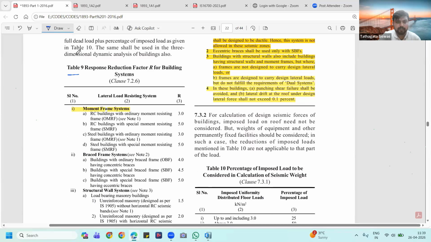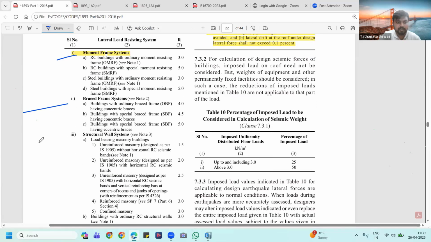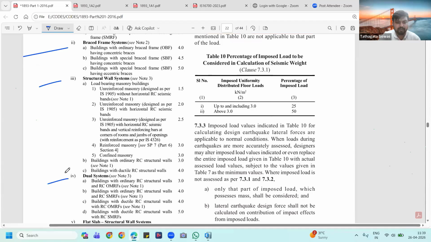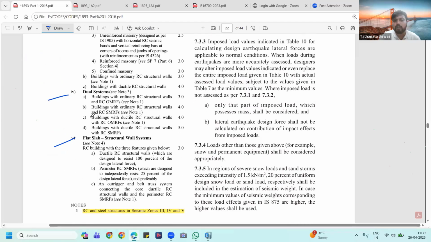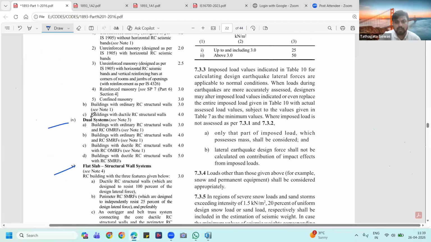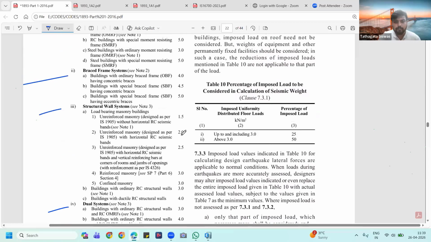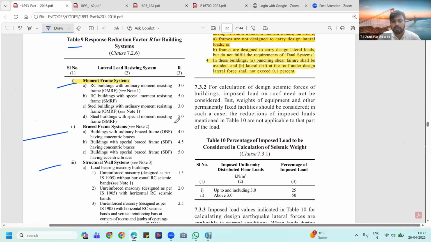As you can see, different moment resisting frames are there, structural wall system, different dual systems. Based upon how you want to idealize your structure, within the range of 2 to 5, the values will change. 5 means all the elements are ductile. 4 means few elements are ductile, few are ordinary or non-ductile. 3 means all are non-ductile, like that.